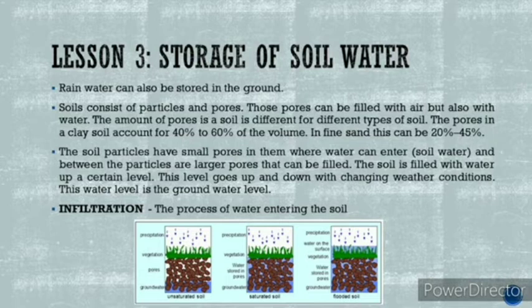In soil particles have small pores in them where water can enter. Soil water. And between the particles are larger pores that can be filled. The soil is filled with water up to a certain level. This level goes up and down with changing weather conditions. This water level is the groundwater level.